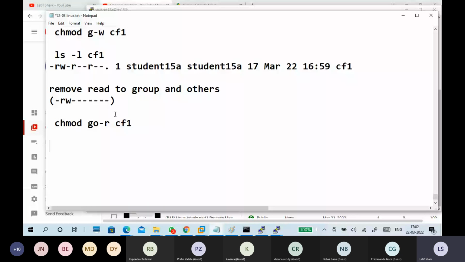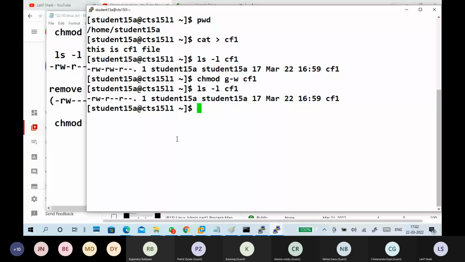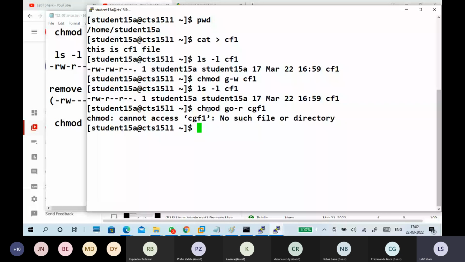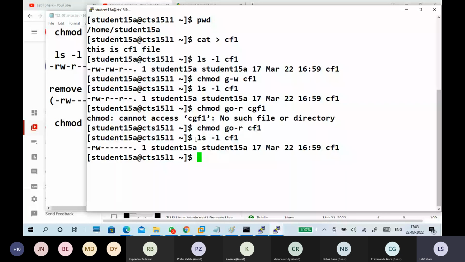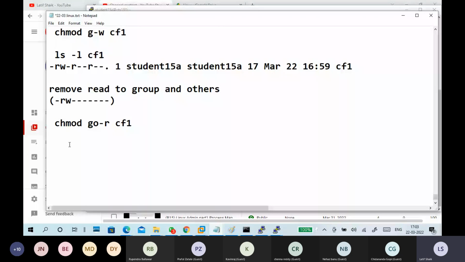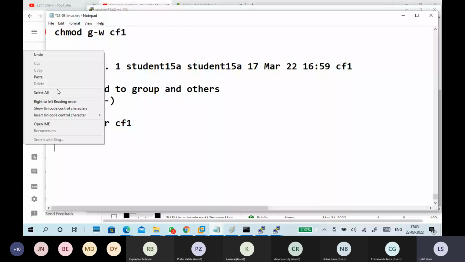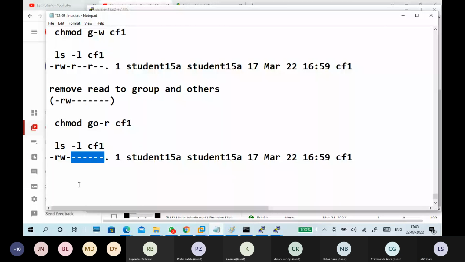Okay, we'll implement and see. chmod go-r cf1. Okay, cf1. So you can see the group users or any other users cannot read the file. Okay, two times we saw how to remove it.